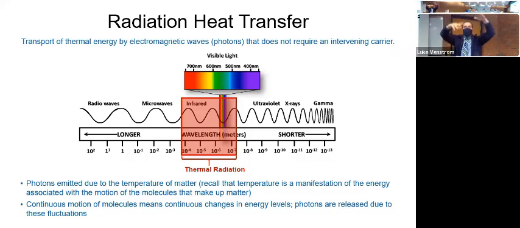If you imagine the electrons as playing popcorn, when they come back down, they emit photons. Every single time an electron comes back down, it emits a photon. How much it comes back down is related to the energy of the photon that comes out, which is related to the wavelength of the radiation.